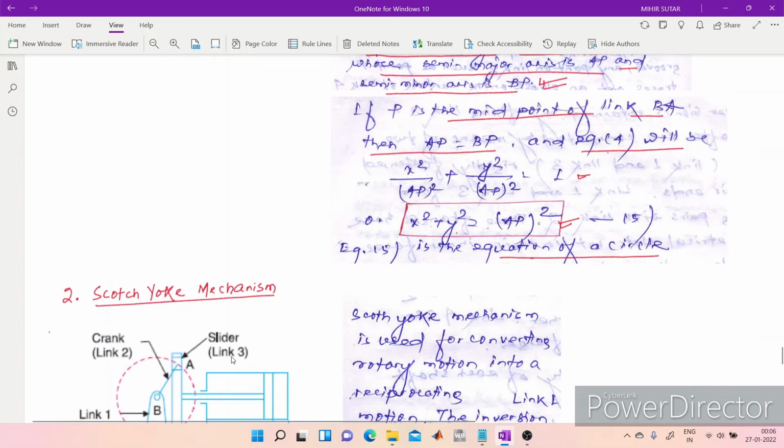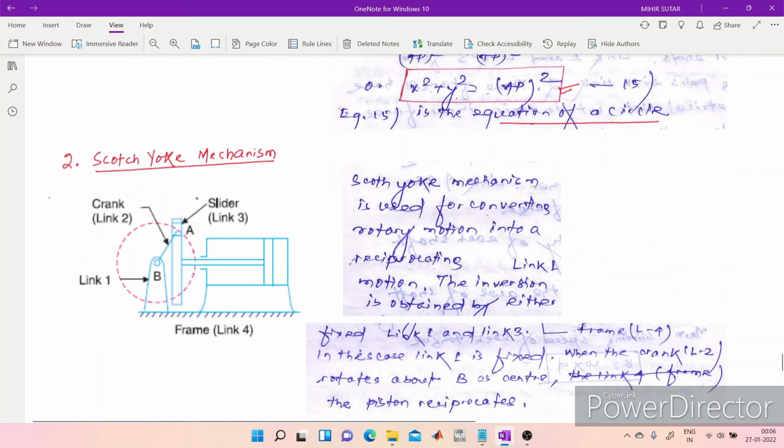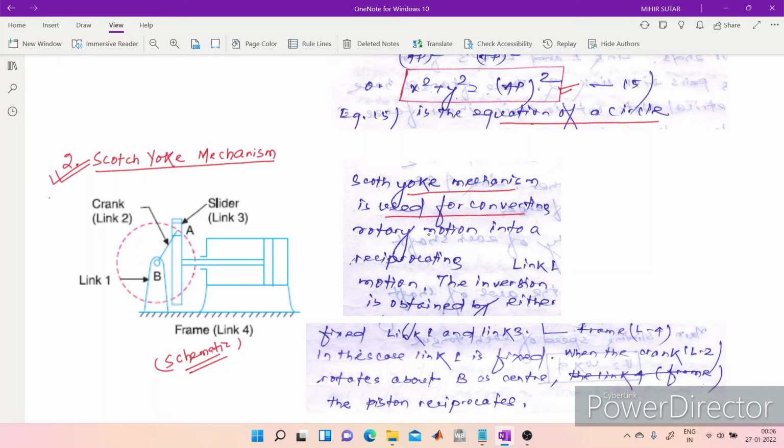Now coming to the second possible inversion, which is called the Scotch yoke mechanism, and the basic schematic is given here. The Scotch yoke mechanism is used for converting rotary motion into reciprocating motion. Here the inversion is obtained by fixing either link 1 or link 3.